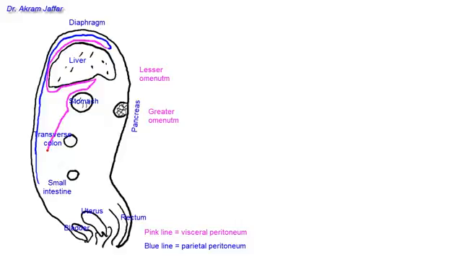The greater omentum is a double layer, and it will be reflected backwards toward the transverse colon. So it passes around the transverse colon, the visceral peritoneum, and then reflected from the transverse colon to the posterior abdominal wall, where it reaches the site of the pancreas. This reflection is called the transverse mesocolon.